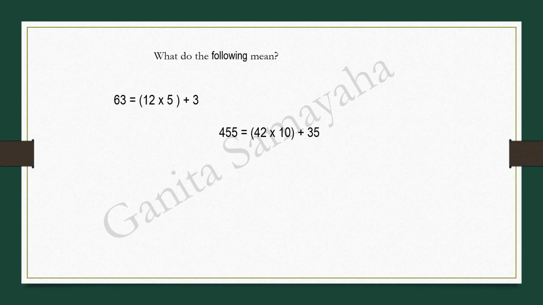You must be careful. You cannot say that here this is our B and this is our Q and this is our R. Okay, please don't interchange to say this is B and this is Q. In that case, our remainder will become greater than our divisor.